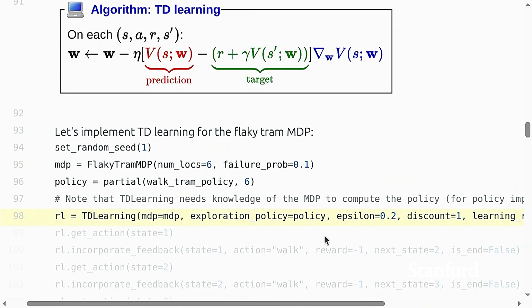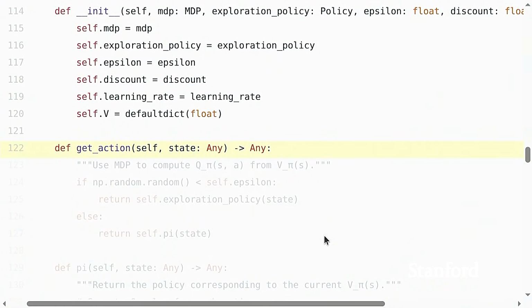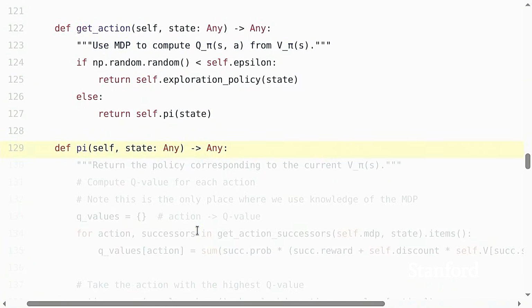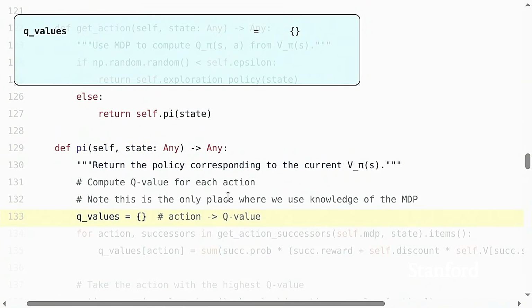The RL algorithm implements two things, as usual: get action and incorporate feedback. When I get the action in TD learning, if I'm doing epsilon-greedy exploration, then with probability epsilon I explore, or with probability 1 minus epsilon I return pi. And what is pi? Pi corresponds to the policy given by v pi, which are the values I'm estimating.